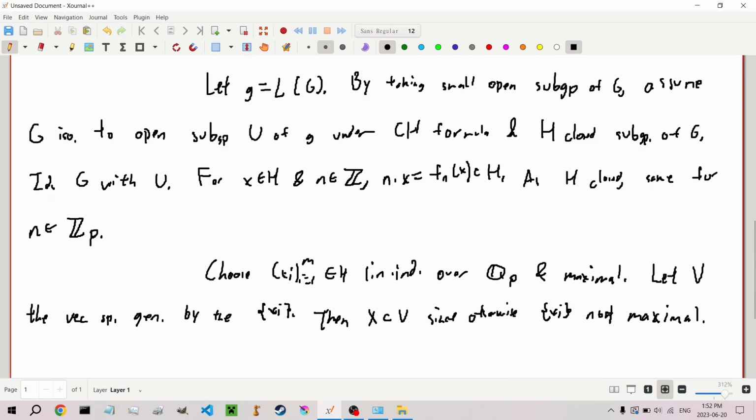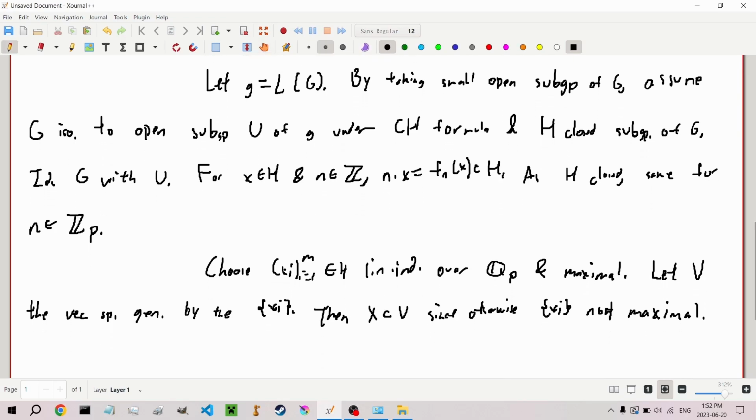And now we can prove it suffices to show that H contains a neighborhood of 0 in V.